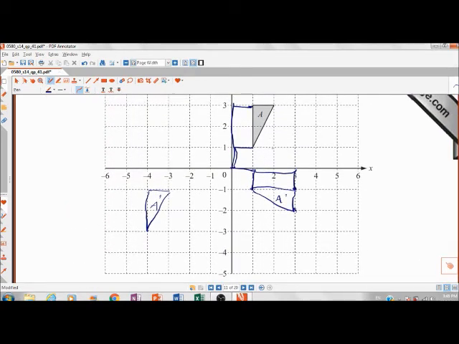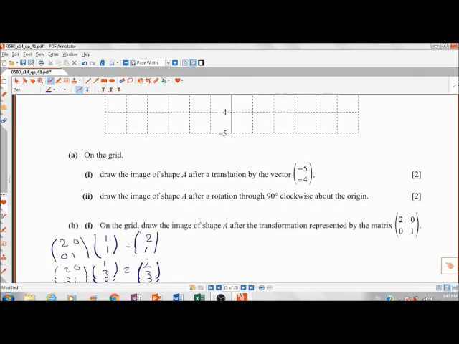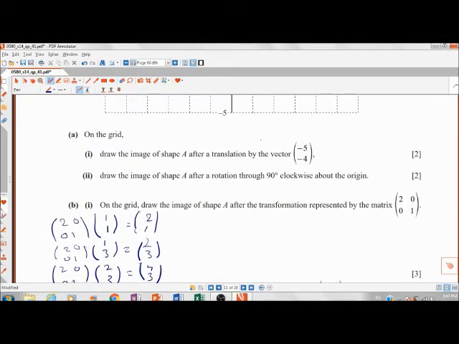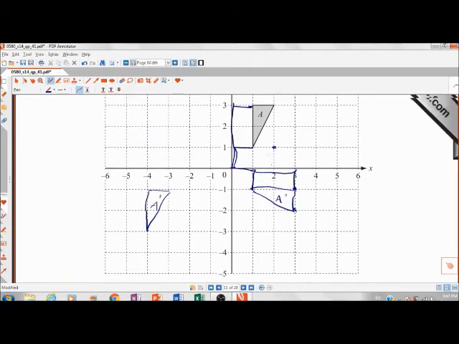So 2, 1, that's the first point. The second point, 2, 3. And the third one is 4, 3. So this is your new triangle.